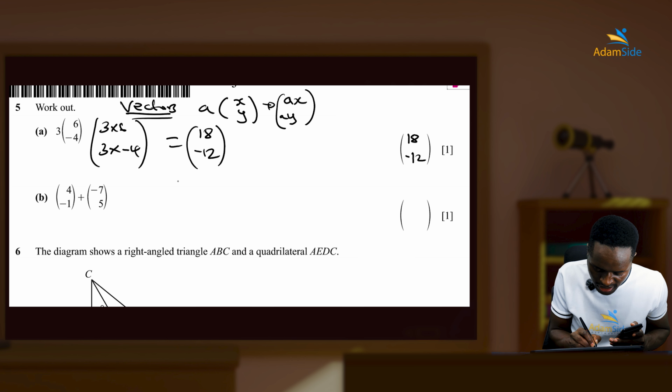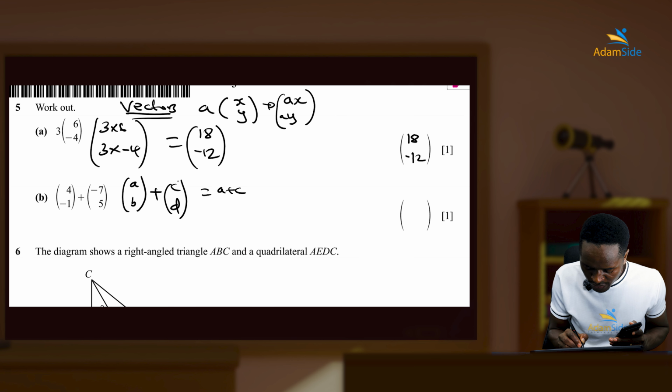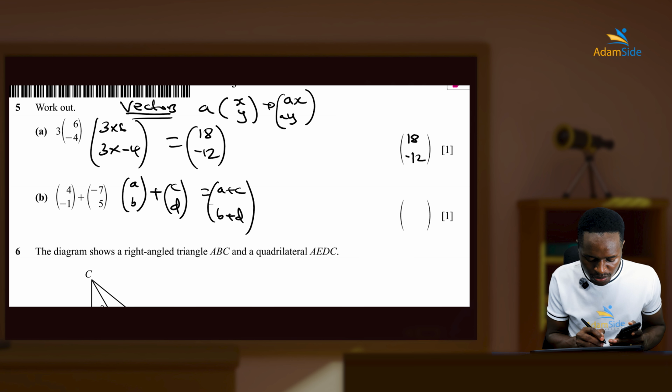When you have, let's say, A, B, and then plus C, D, the same. What do you do? You say A plus C and then B plus D. You add exactly the same. You apply that law. So what do you do here in that case? 4 plus minus 7 for x, and then negative 1 plus 5. 4 plus, when positive follows negative, what happens?